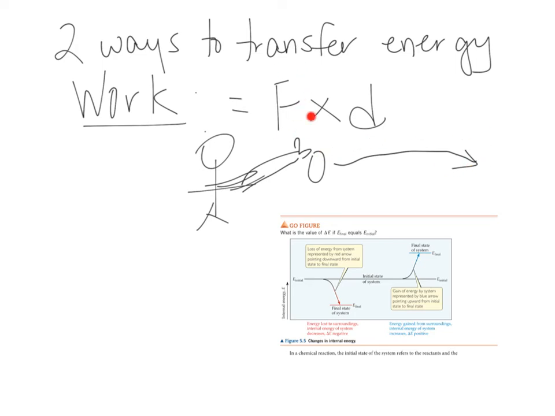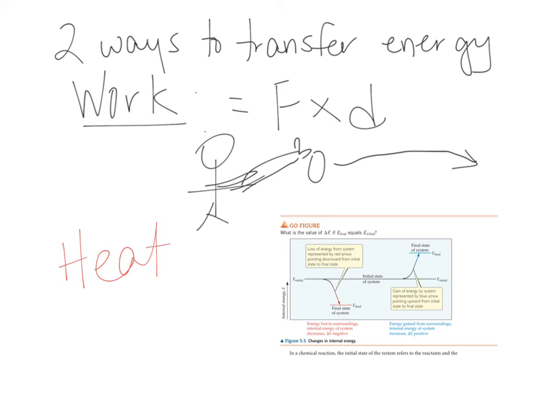So I've applied a force to the ball, which comes from the energy in my arm. I've applied a force to the ball to make it move over a distance. So that combined force times distance is the work that I've done on that ball. I have done work to the ball. The ball did not fly by itself. So that's one way to transfer energy. I transferred energy that was stored in my arm and had to do work to make the ball move over a distance. A second way to transfer energy is heat.